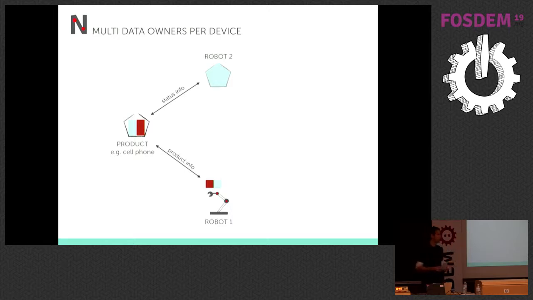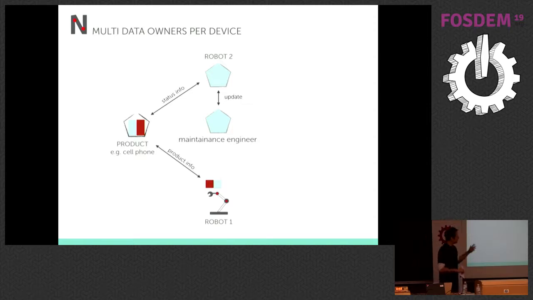Nobody else should read this data, so it will encrypt the data for the second robot arm. Unfortunately, the second robot arm discovers there's something wrong in the production process. So it shares this data with a maintenance engineer.